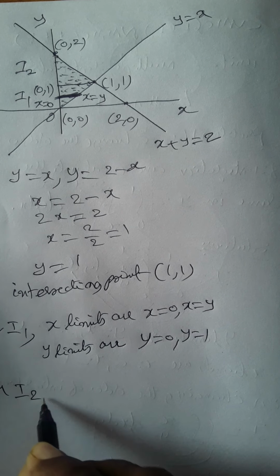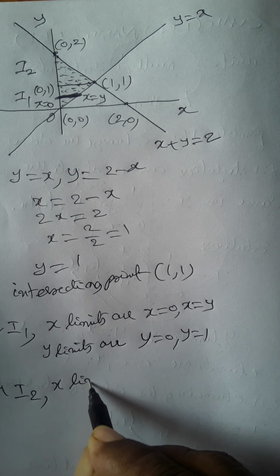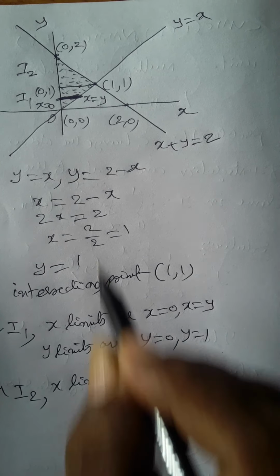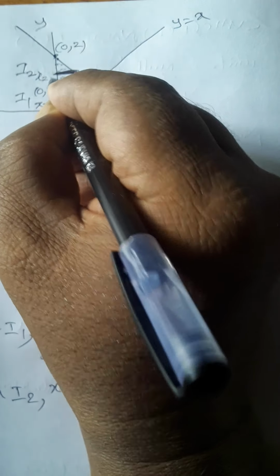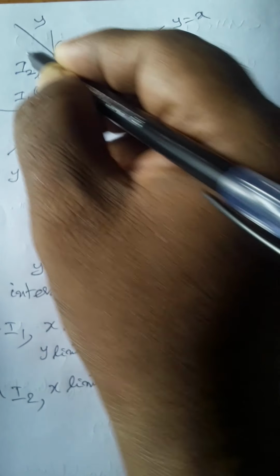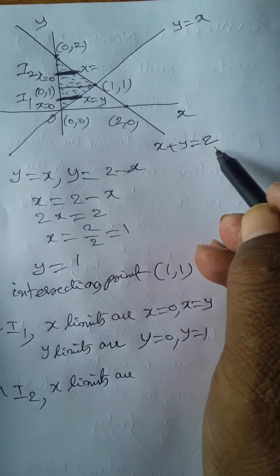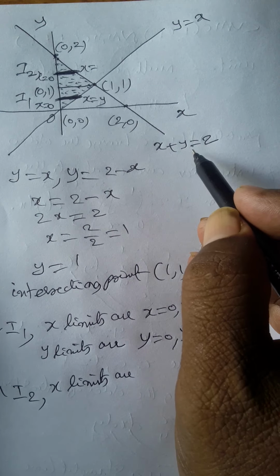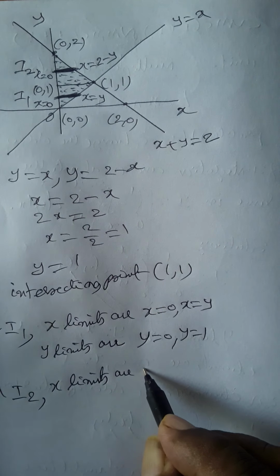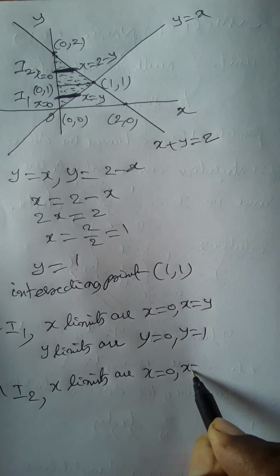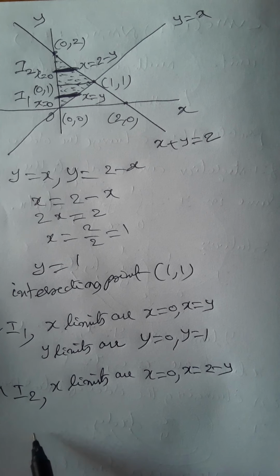For I2, you take an elementary strip parallel to the x-axis like this. Here x is equal to 0. Here the x value from this line x plus y is equal to 2 is 2 minus y. So x limits are x is equal to 0, x is equal to 2 minus y.